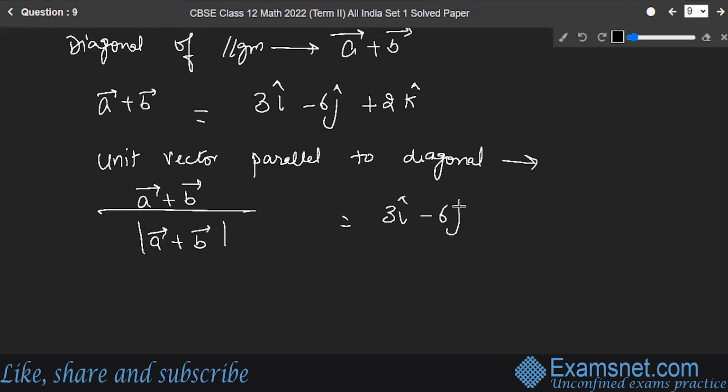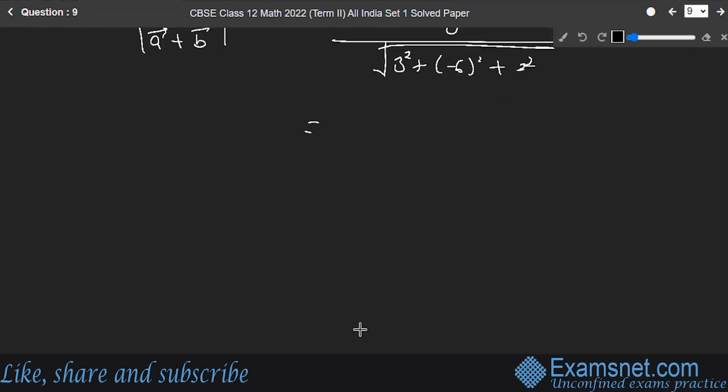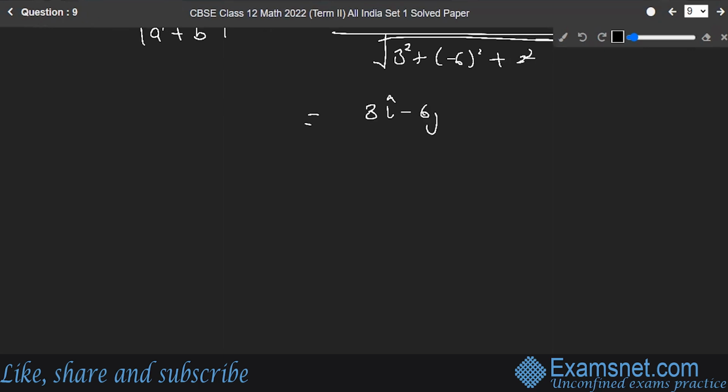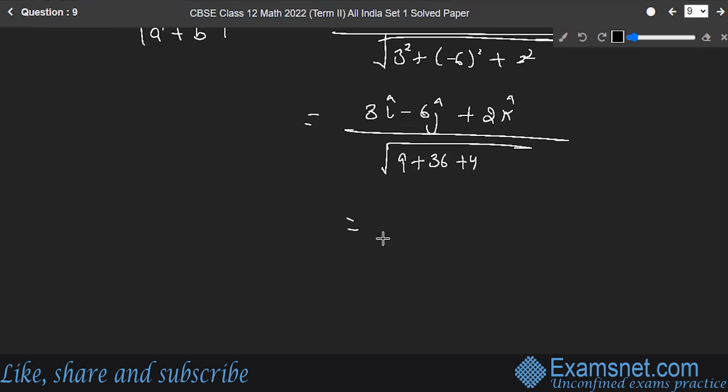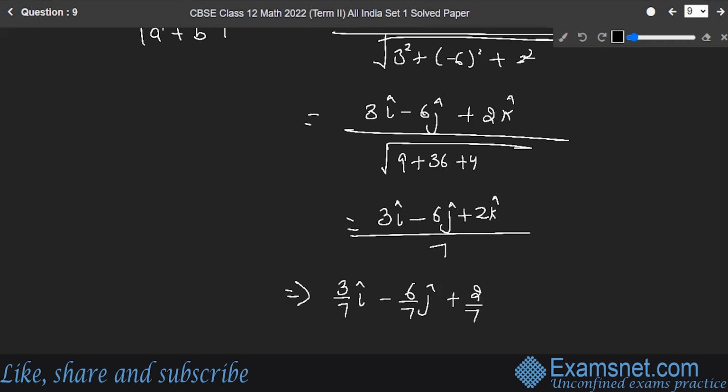This is 3i minus 6j plus 2k divided by the root of 3 square plus 6 square plus 2 square, which is 9, 36 and 4, that is root of 49, which is 7. So this is equal to 3i minus 6j plus 2k upon 7, or 3 by 7 i minus 6 by 7 j plus 2 by 7 k.